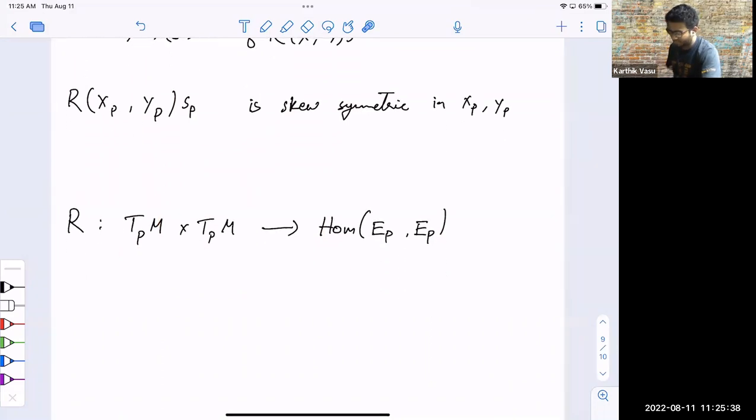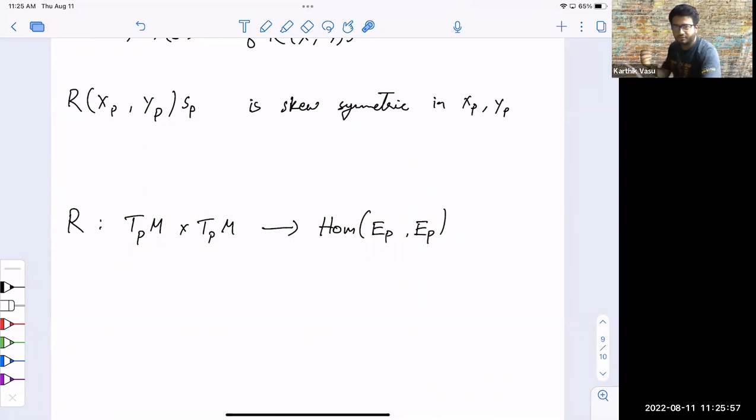If I was able to make this isomorphic to R^k, so if I just pick a basis here, this is actually a matrix because it's from the same thing to the same thing. It's just a square matrix. So what I'm getting is at each point, this Riemannian curvature tensor is nothing but a matrix.